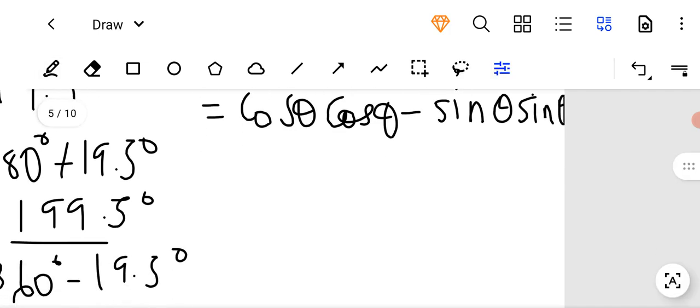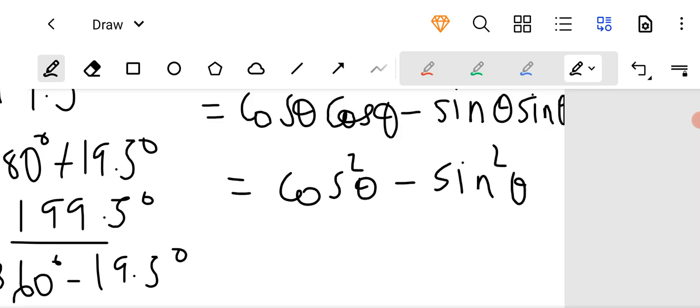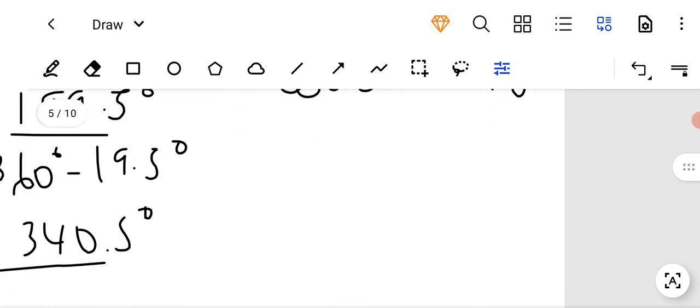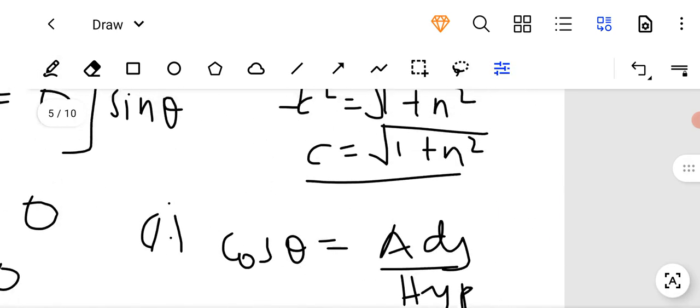Then it simply means cos theta squared minus sin theta squared. We don't know what sin theta is, so first of all we need to say sin theta is equal to what?